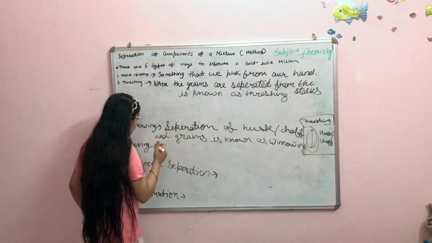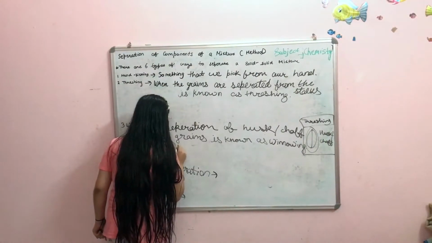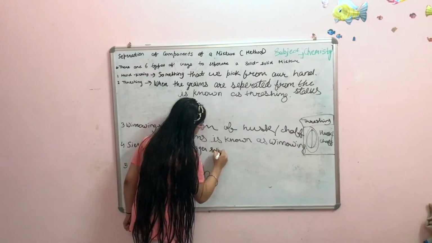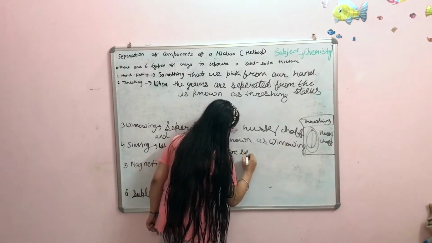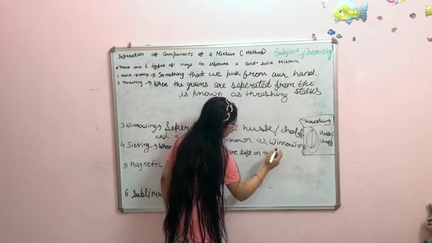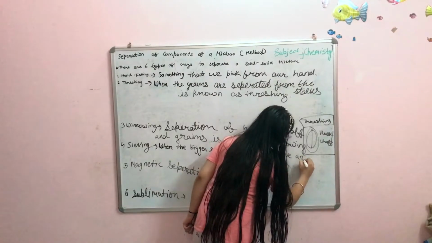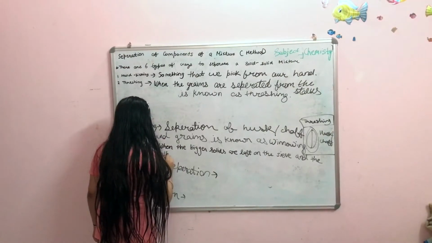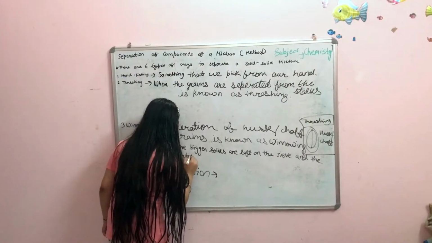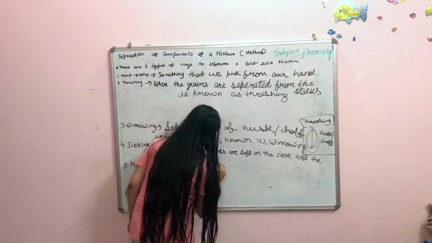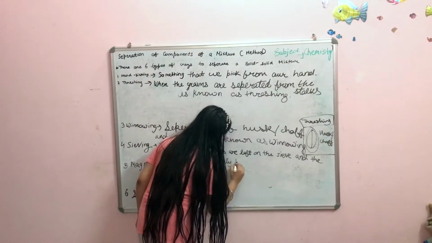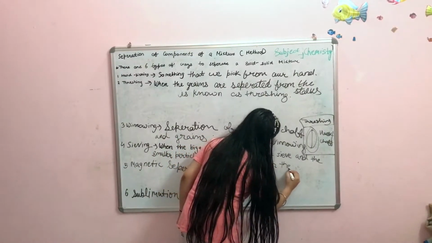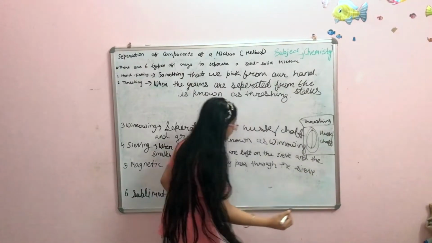So the definition would be when the bigger solids are left on the sieve and the smaller particles can easily pass through the sieve. So this process is known as sieving.